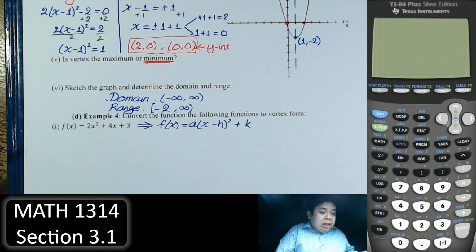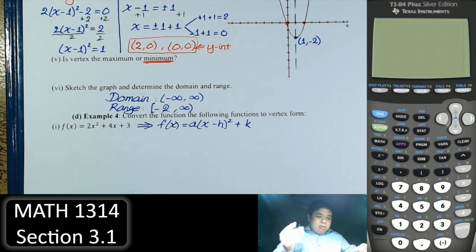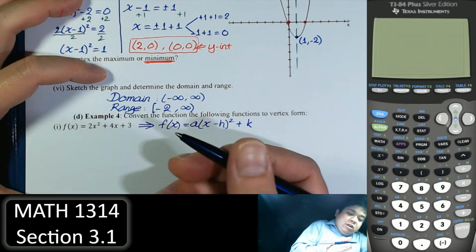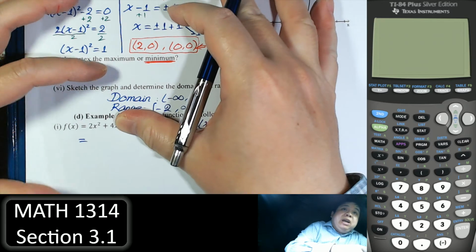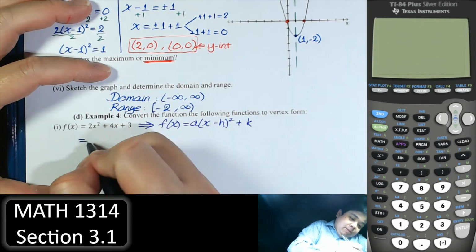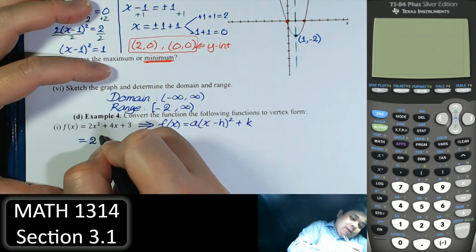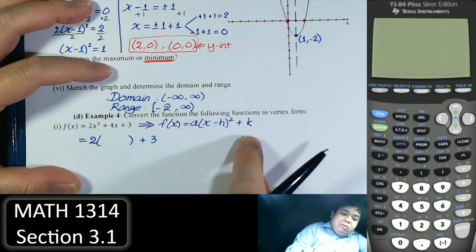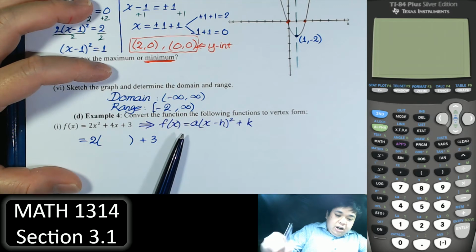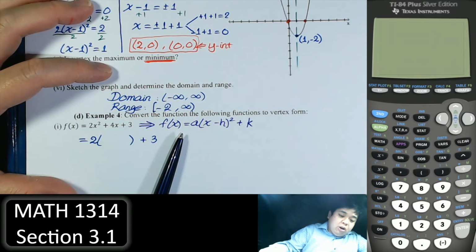So what we do here is we try to make a square. And if we want a square, that is of course completing the square. So this is the process that we'll do. First, from here I will factor out a 2 from the x terms; the plus 3 will stay there, because in the vertex form there's a constant standing out at the back.